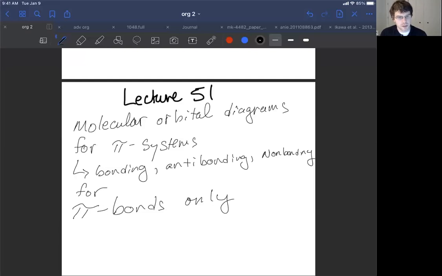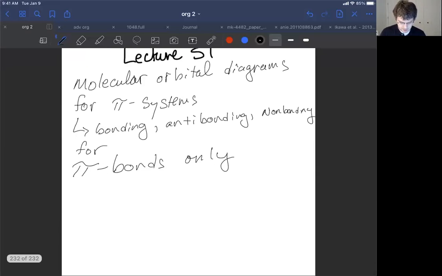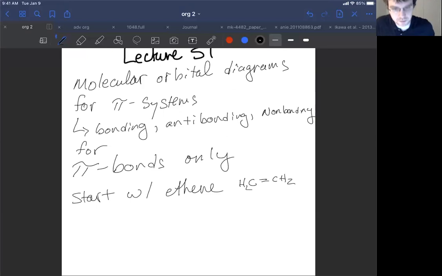So what we do is start with a simple case of ethene. Start with ethene, which is CH2 double bonded to CH2. So in this case, we have a bunch of bonds. We have a bunch of elements now compared to H2 and He2, but we have one pi bond, and that's all we're focusing on.